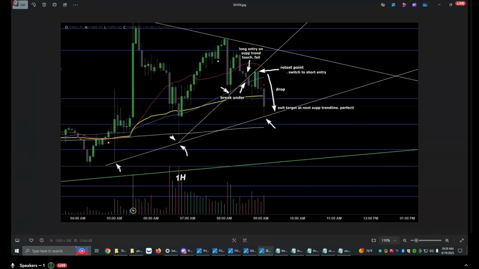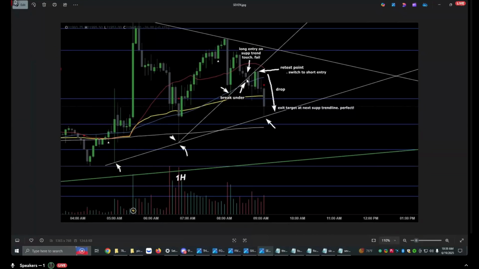I had a support trend line drawn that was being respected so far, which is this one right here. The bottom of a support started here, got tested here, continued up, got tested here. I had a support line drawn that was being respected so far, so I chose to go long on a touch and test of the line right here.